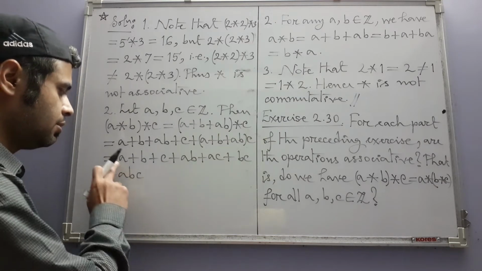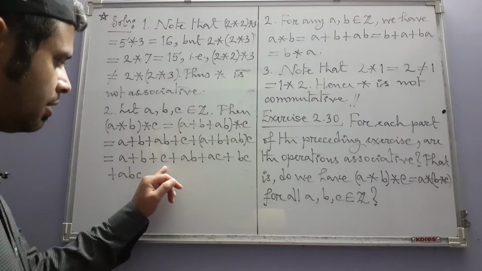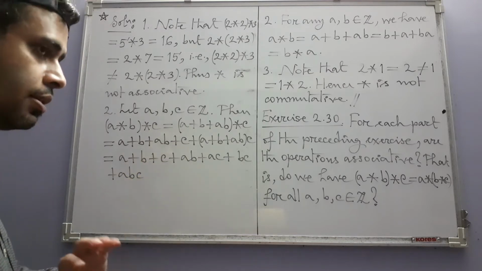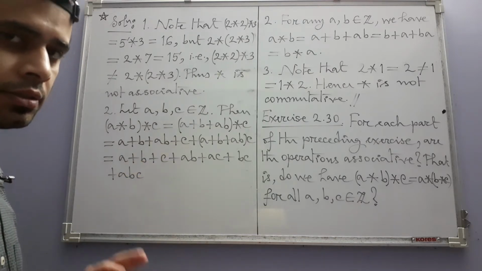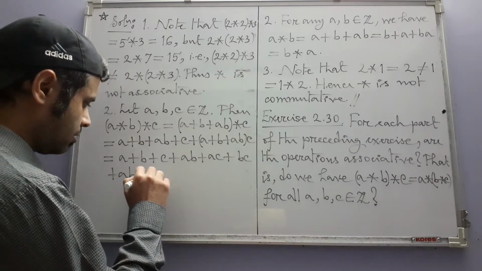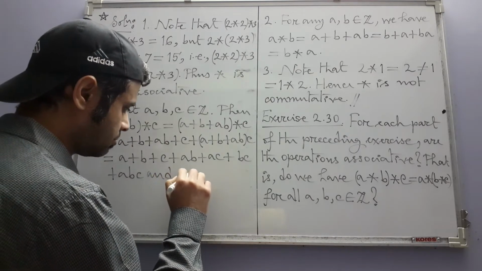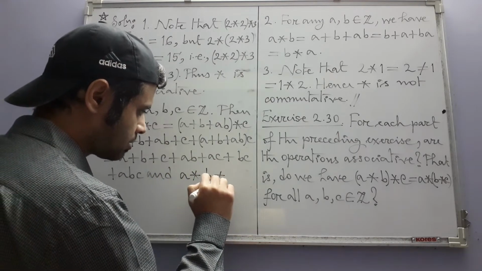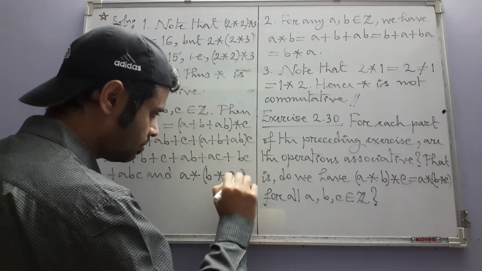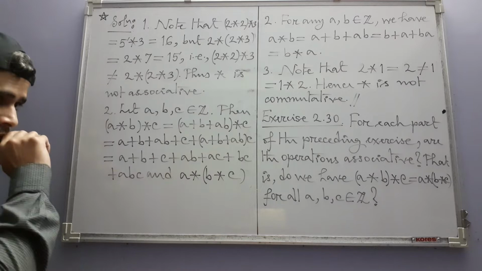For example, in this expression you want to write C in place of A and A in place of C, then the expression ultimately will not change. That kind of symmetry. And if one calculates the other one, A star B star C, because of that symmetry, this will also turn out to be the same integer.